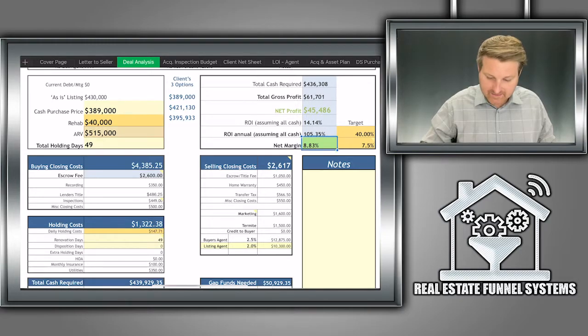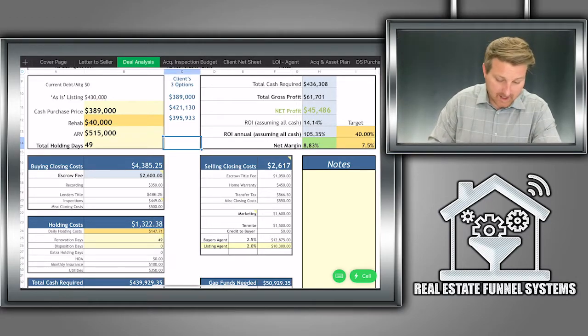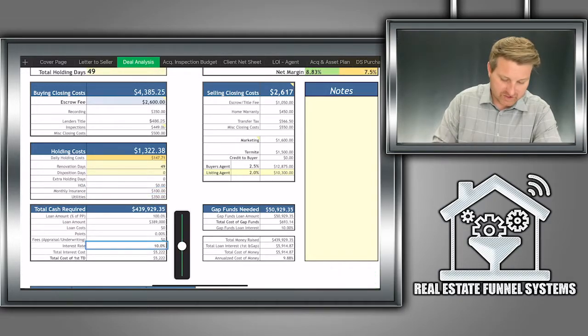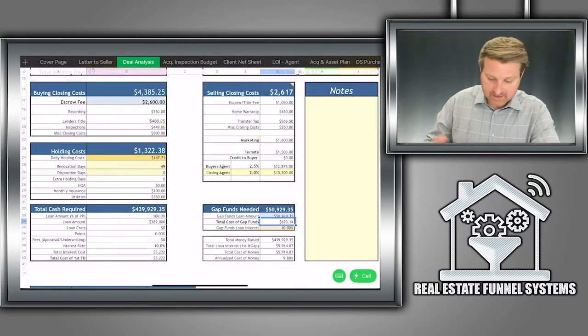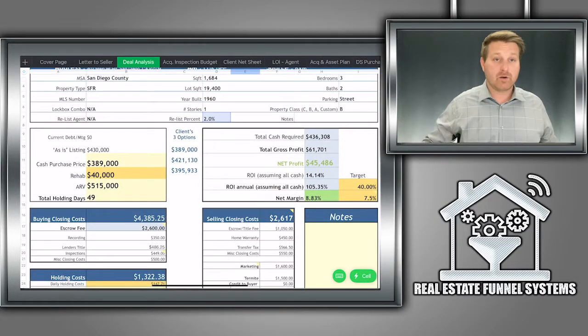That's an 8.83 net margin ROI. So that's really good for us. Down here is where you have your buying cost, your holding cost. You can change all of your percentages of your cost of money down here, your interest rate, if there's any points or anything else, and gap funding. So second position money goes there, your list back, all of these things go right here on your analyzer.